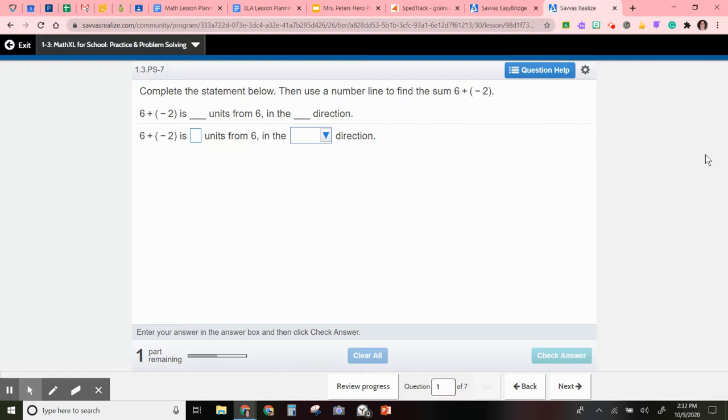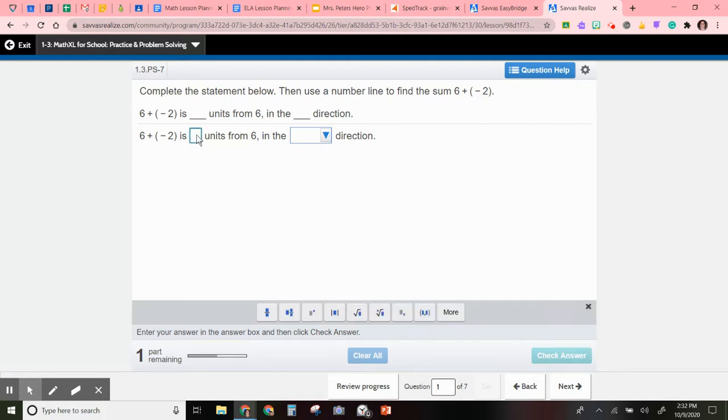Complete the statement below, then use a number line to find the sum 6 plus -2. We probably don't need a number line at this point, but we'll go ahead and answer the question, okay? 6 plus -2 is how many units from 6? How many units away from 6 are we moving?